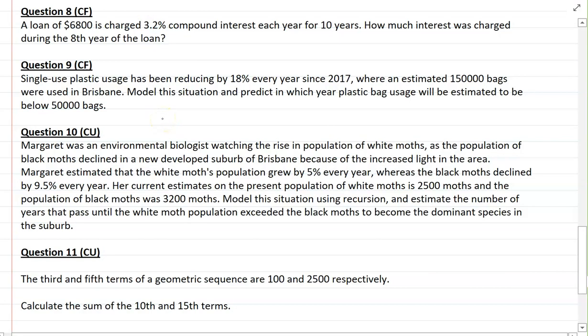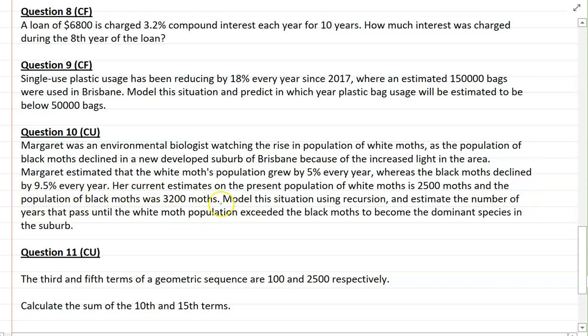Question 10 is a complex unfamiliar. Here we have Margaret, who's an environmental biologist, watching the rise in population of white moths as the population of black moths declined in a newly developed suburb of Brisbane because of the increased light in the area. Margaret estimates that the white moth population grew by 5% every year and the black moths declined by 9.5% every year.